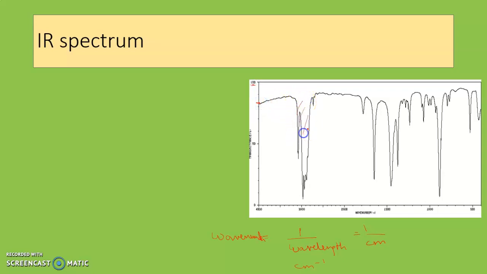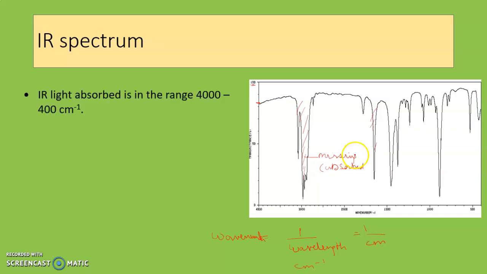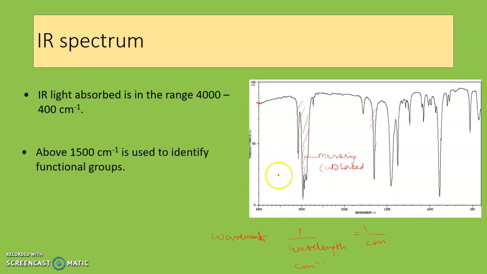Some parts of the radiation have been absorbed, and that is your absorbance, and it's this part of the spectrum that is missing. So that has been absorbed by the sample. Infrared light is absorbed within this range, and generally the whole spectrum will fall between 400 to 4000. Now it's very important to note this reading here.